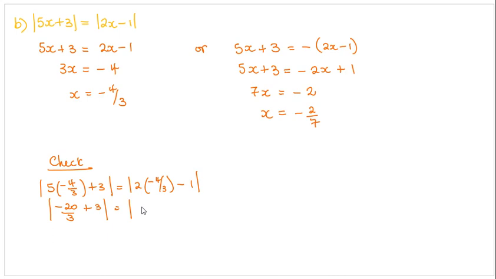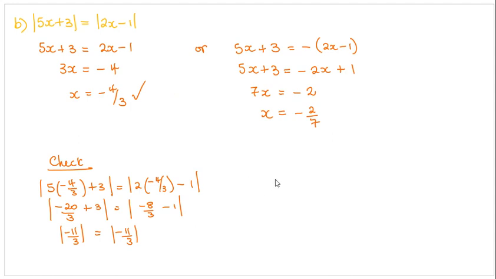This is negative 8 over 3 minus 1. And then this is going to give me negative 11 over 3 in the modulus, and this is going to give me negative 11 over 3 in the modulus. And you can see that this works. The modulus of negative 11 over 3 is obviously equal to the modulus of negative 11 over 3. So that one works.